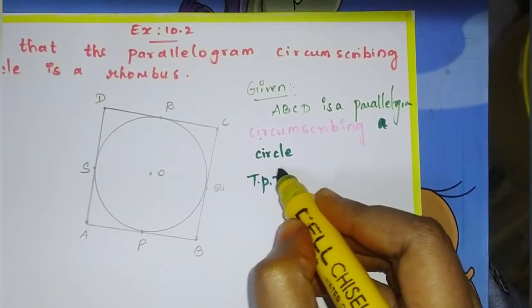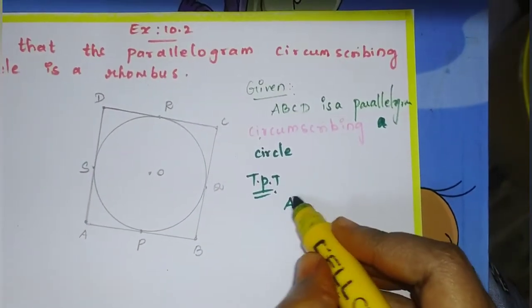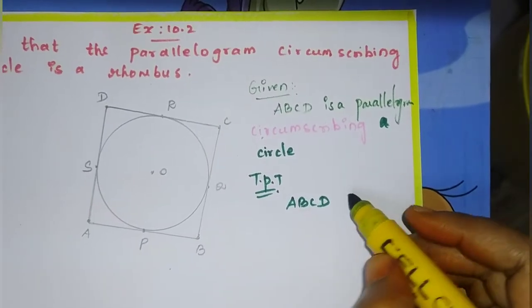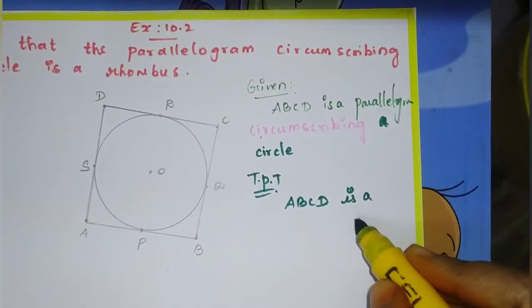What you have to prove? That ABCD is a rhombus.